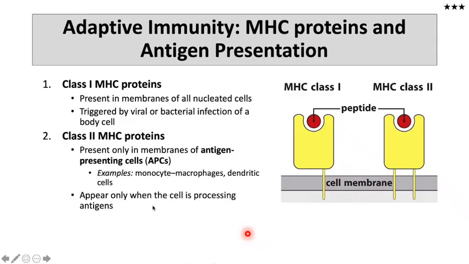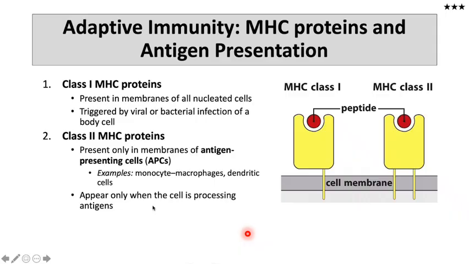The MHC class 2, the MHC2 protein, is present only in membranes of antigen presenting cells. I ask you to remember the antigen presenting cells because these are the heroes of our story in our defense.